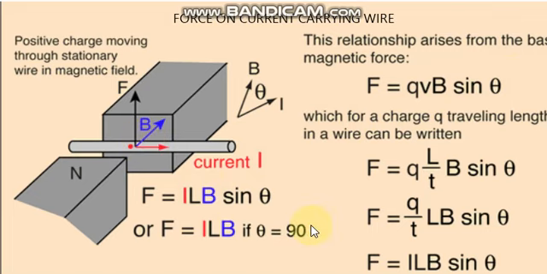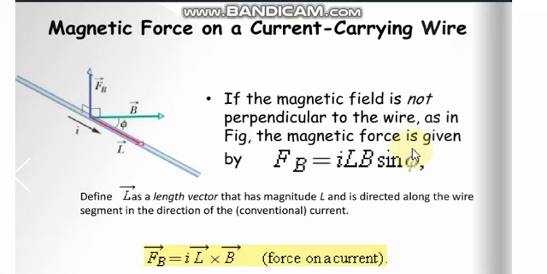So for that particular case, sine of 90 is 1, so the force on this current carrying wire will be equal to ILB. For any other angle phi between L and B, the magnetic force acting on the current carrying conductor will be given by ILB into sine of that angle.